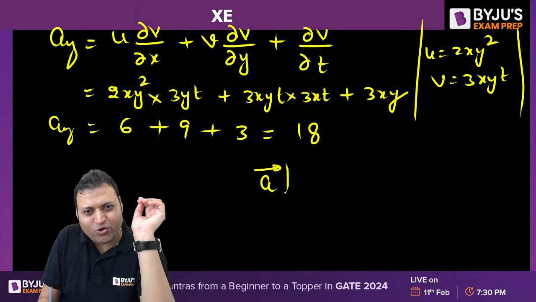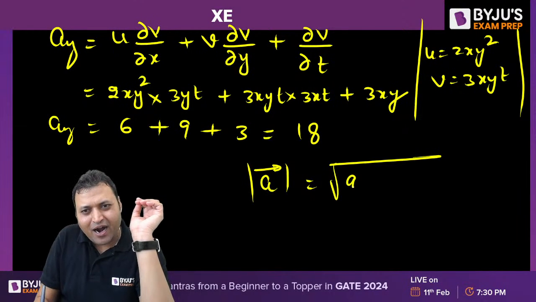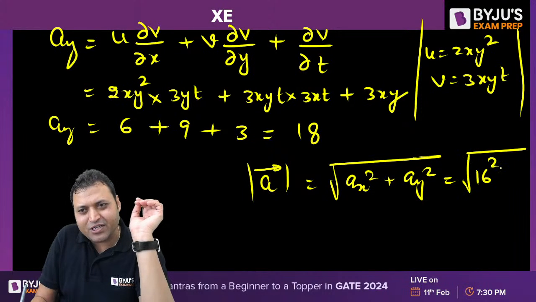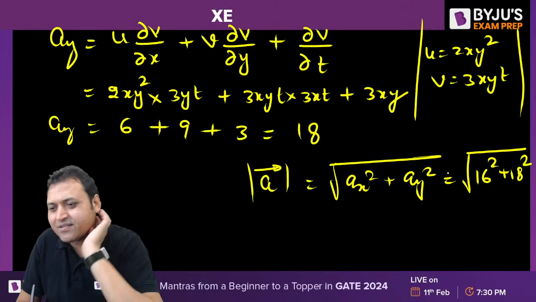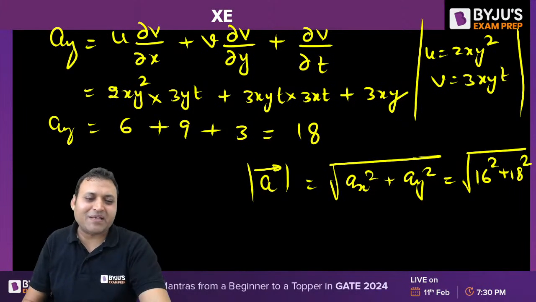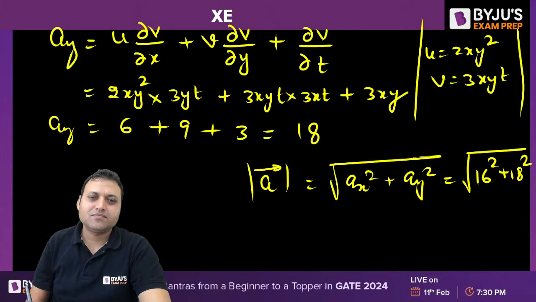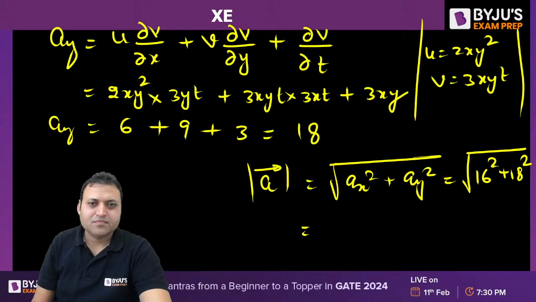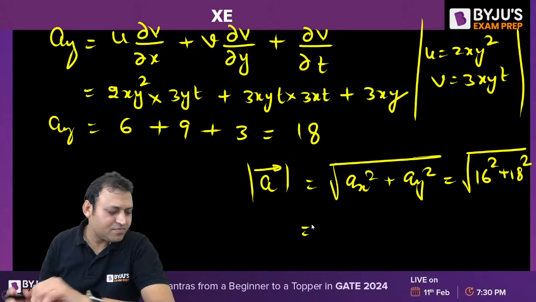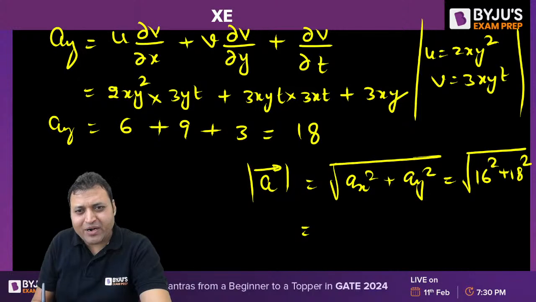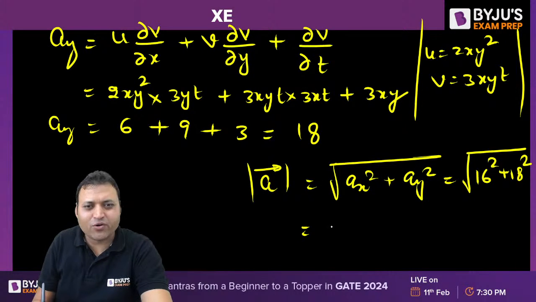So the magnitude of total acceleration is under root of ax square plus ay square, that is under root of 16 square plus 18 square. What is the answer? Are you getting 24.08? Do let me know if you are getting 24.08 or not.